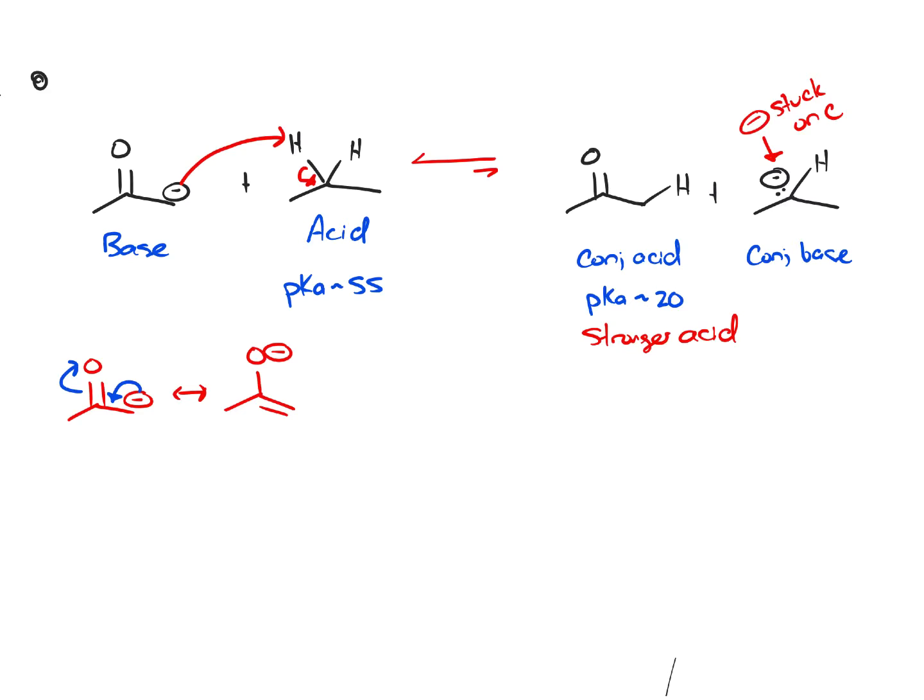This has resonance stabilization. The base is more stable than the conjugate base, and the reaction lies toward the more stable thing. So confirming our pKa analysis, the reaction lies to the left side.